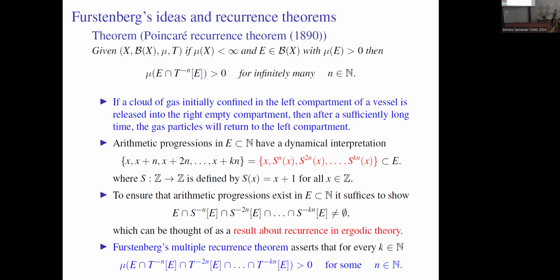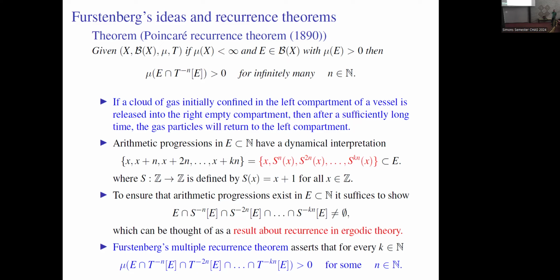And this is what is called in the literature the multiple recurrence theorem, and I will try to convince you that this is ergodic. So here we have a first attempt to convince you that these days, these kinds of results in ergodic theory are, in fact, ergodic interpretations of some arithmetic results, or ergodic counterparts of some arithmetic results.